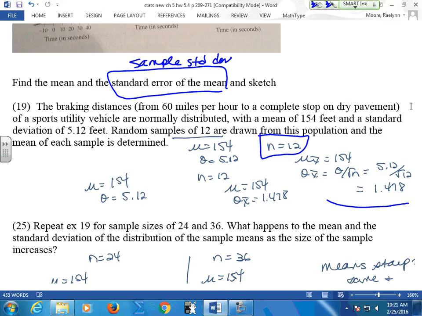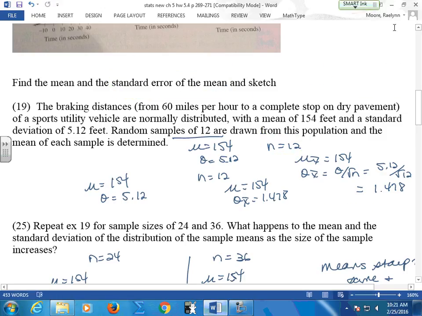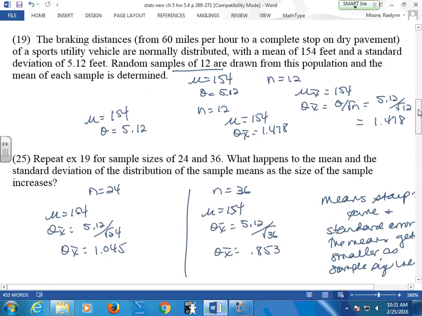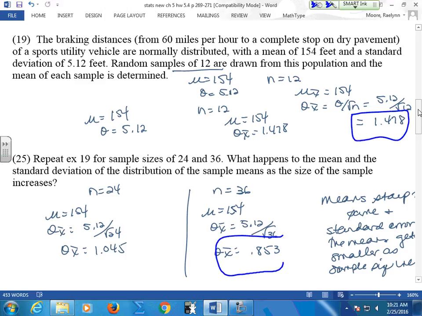Now, in this one, 25, I wanted you to do 25 because it gave a nice comparison. We used 12, then we used 24, then we used 36. So we should see that this standard deviation would therefore be the largest, and the one with the most should be the least, because we're dividing by a larger number each time.